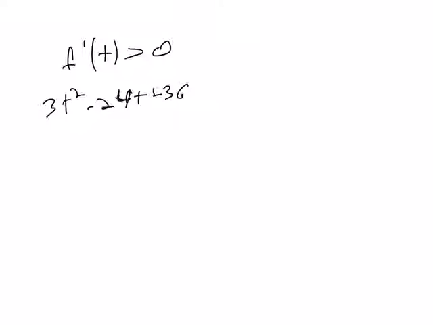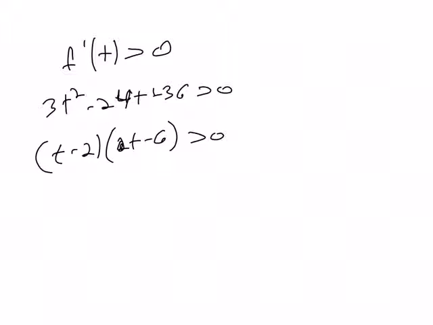So we're going to have f prime of t. We want this to be greater than 0. So in other words, we want 3t squared minus 24t plus 36 to be greater than 0. So by the same calculations as before, we want t minus 2 times t minus 6 to be greater than 0.